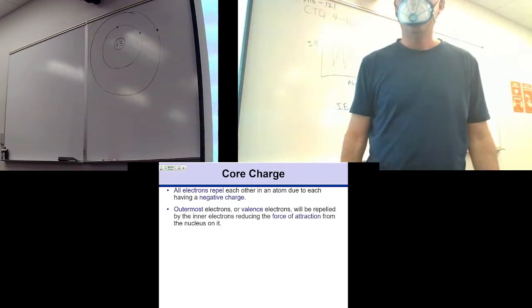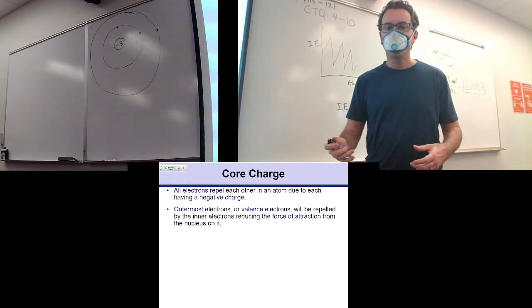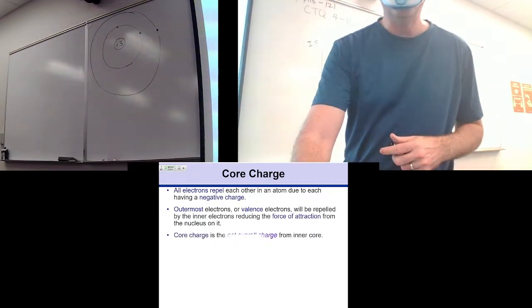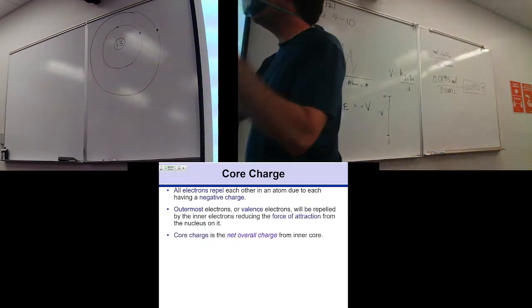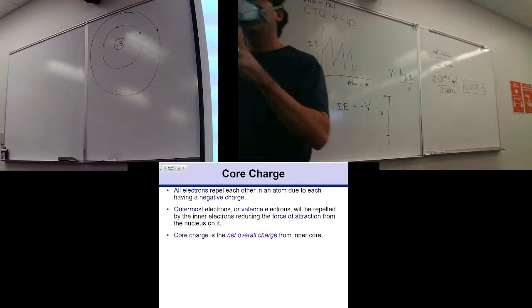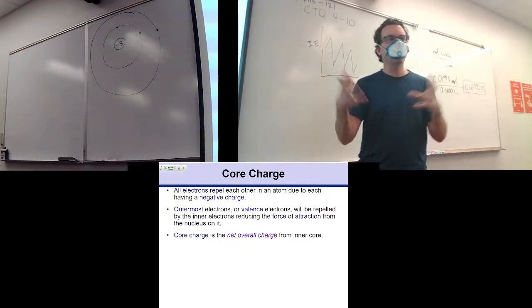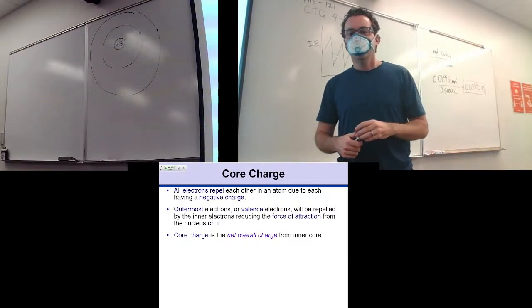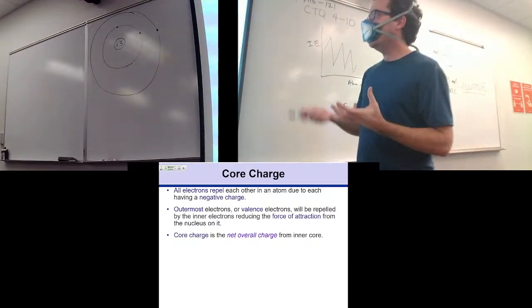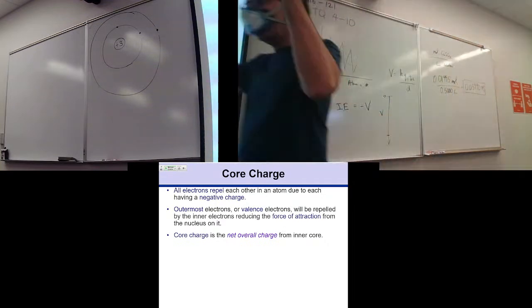What we're going to do is combine the inner electrons and the nucleus into 1 number to represent an overall attraction. So the core charge is the net overall charge from the core, the inner core.